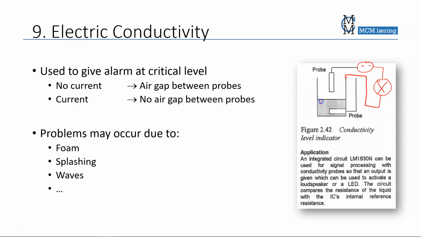When the liquid rises and touches the second probe, you have a closed circuit. There will be current flowing in the circuit, and the light bulb will shine with a bright light. But there may be problems with foam, splashing and waves, which will give false alarms.